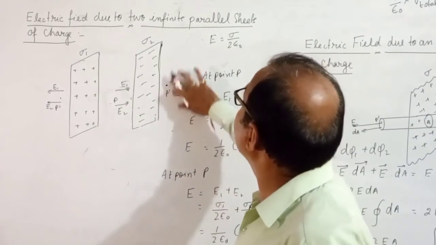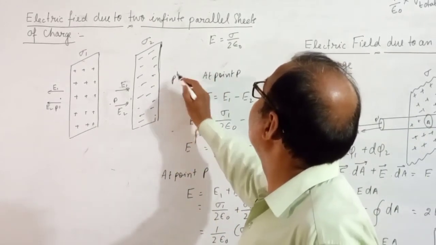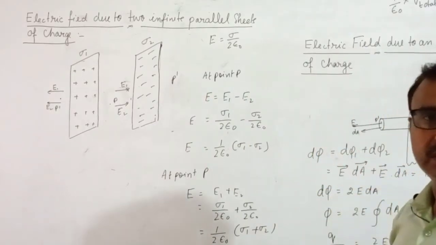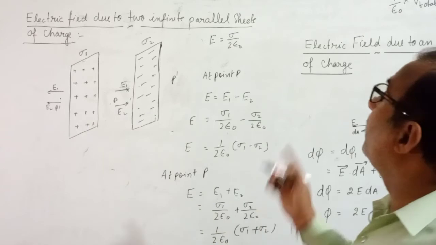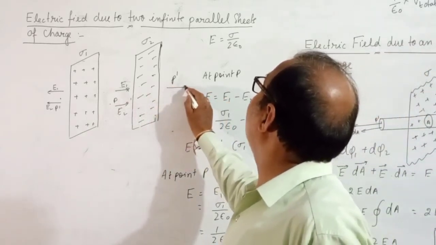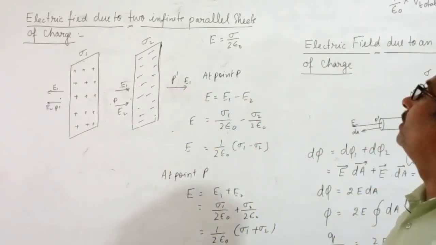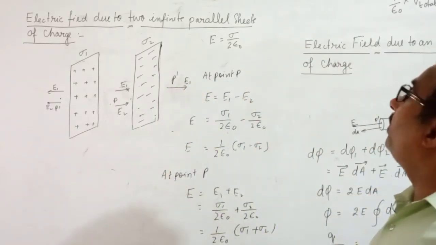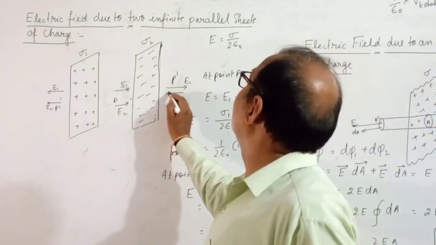Now at point P dash, what will happen? At point P dash, you see here, due to positive charge, electric field E1 is outward, but due to negative charge, electric field E2 is inward.